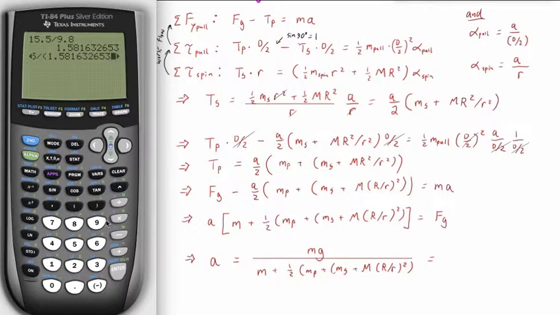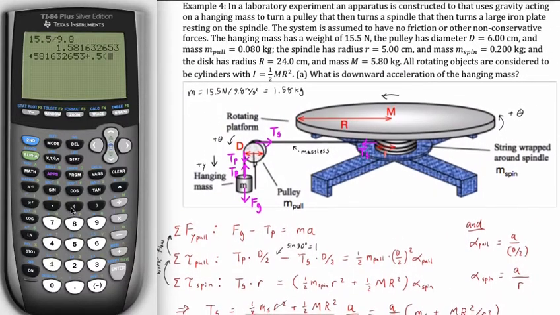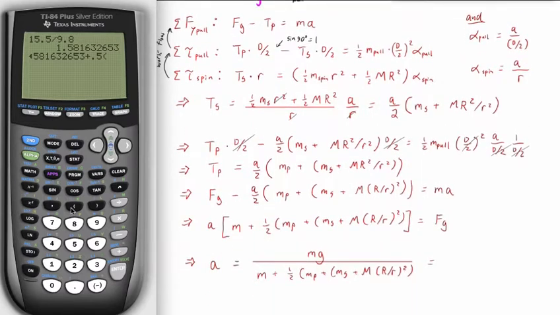Okay, and then plus 0.5. Okay, and then open another set of parentheses, and that's this set here. All right, and then we've got the mass of the pulley. So mass of the pulley is 0.08 kilograms. So 0.08.